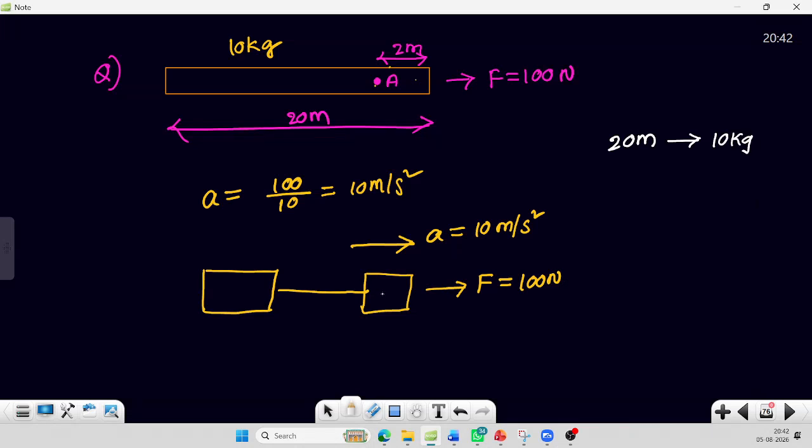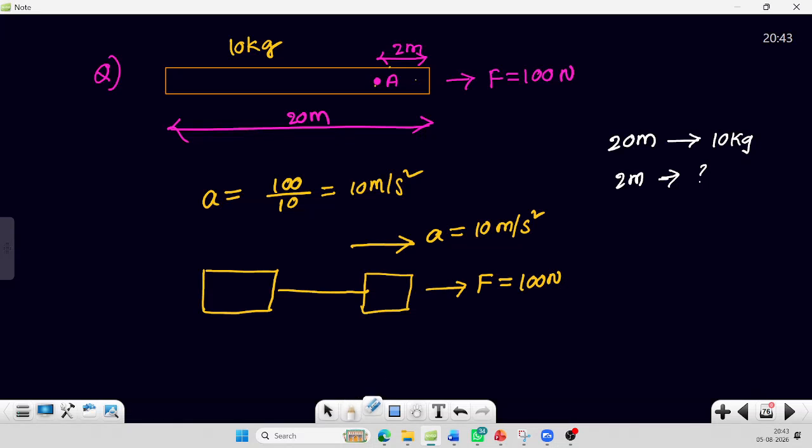Now when the length is 2 meters, we need to find the mass. How much is the mass here? 1 kg. You know cross multiply, you do it now.